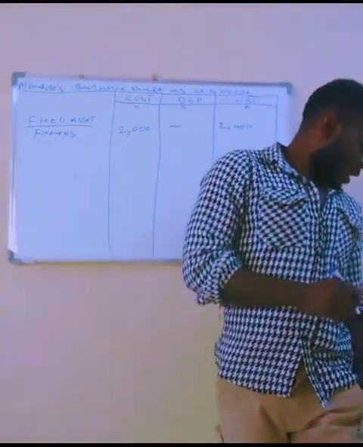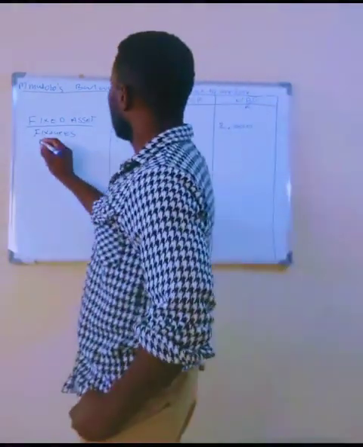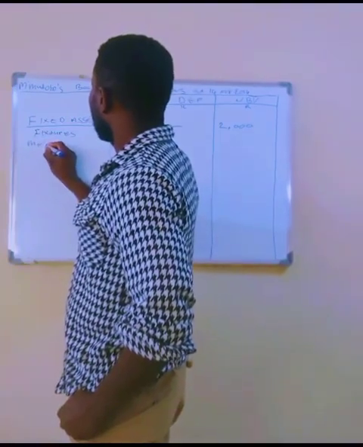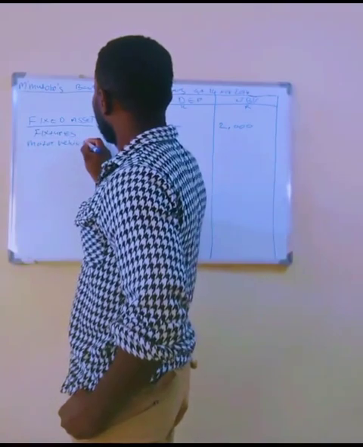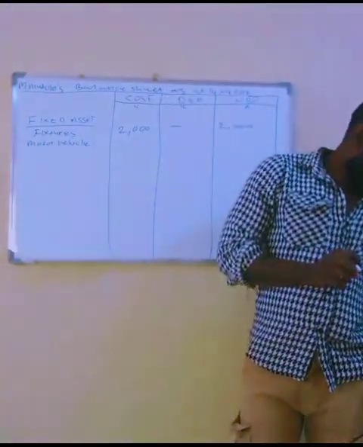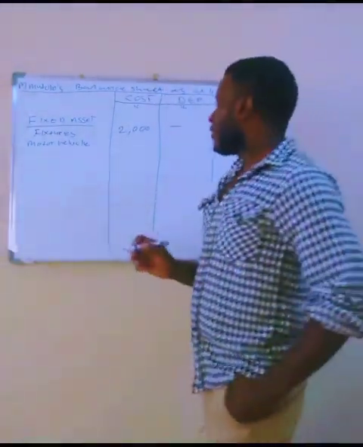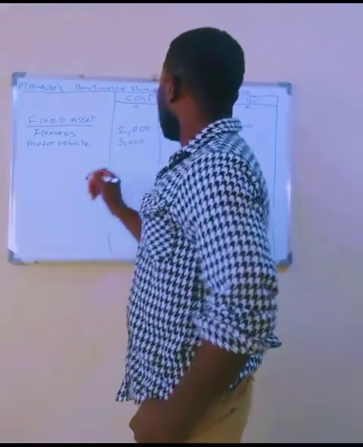Under that, we just have two fixed assets. We have motor vehicle. I don't know where the members got that name from. The motor vehicle has a value of 5,000.